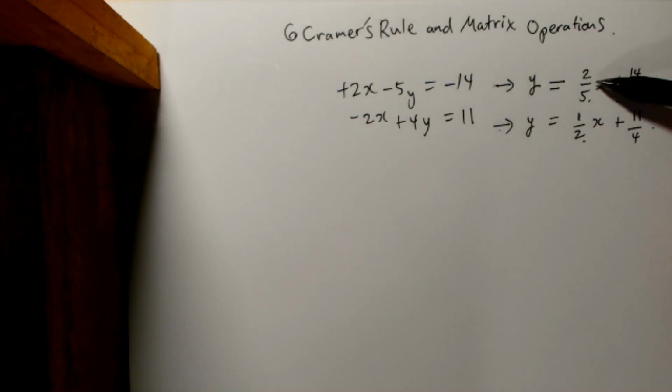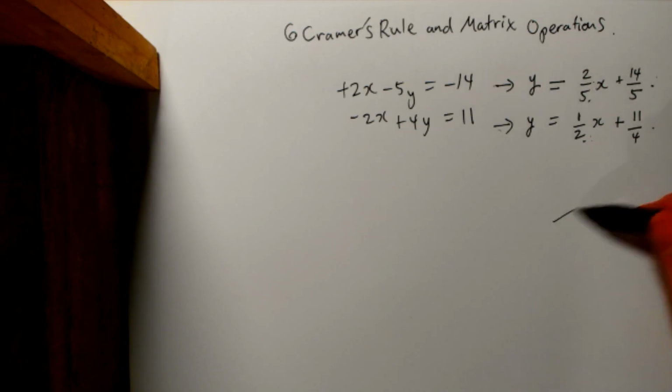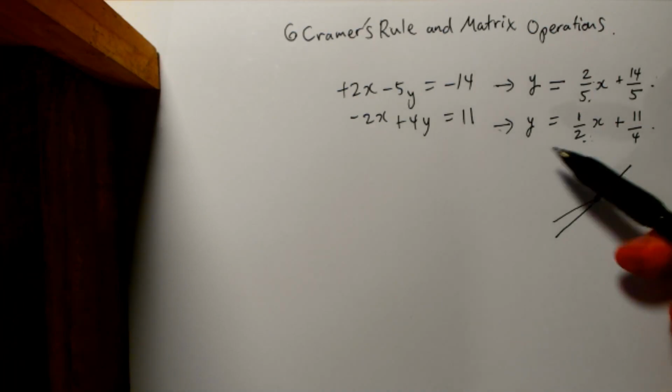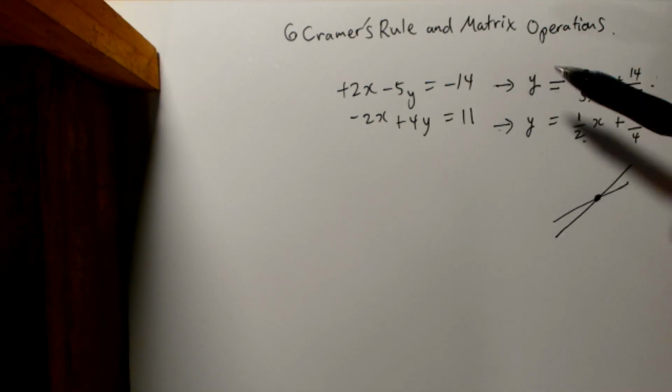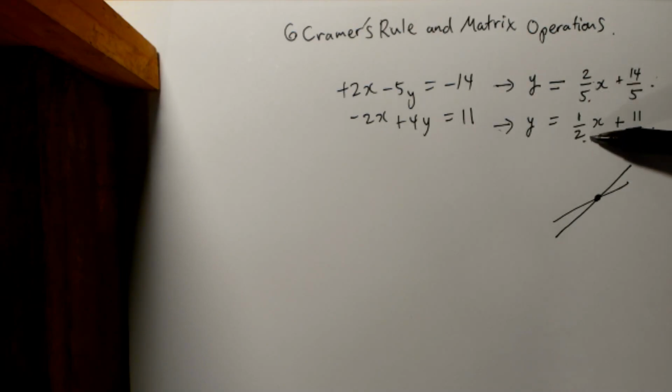So you see straight away that these do not have the same slope, and therefore they're not parallel, so they must intersect. Now that point of intersection there is the solution to the simultaneous system. So these two equations intersect because they don't have the same slope, and we can find this intersection algebraically.